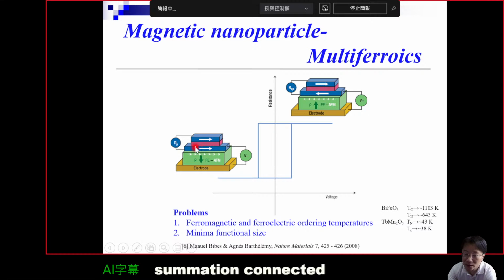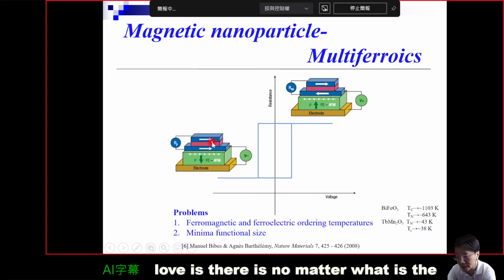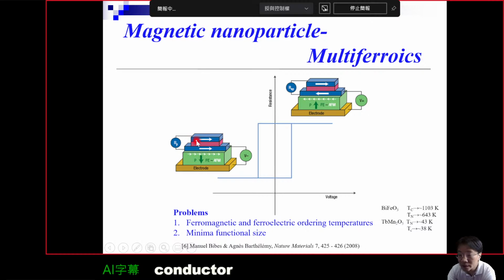The pink layer is a non-magnetic material, but it's a conductor, and the top layer is the hard magnet. So when we apply an electric field like this, it will induce the polarization downward.